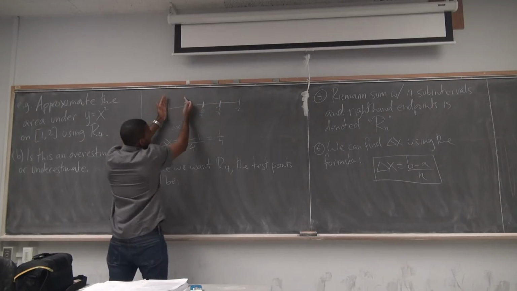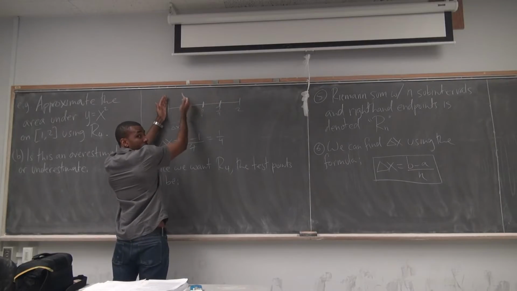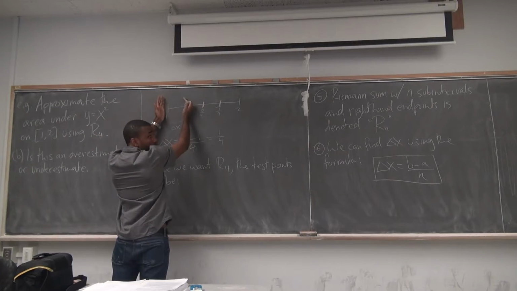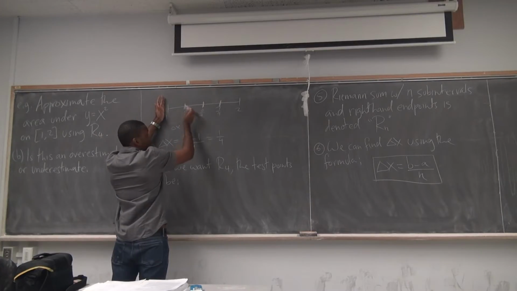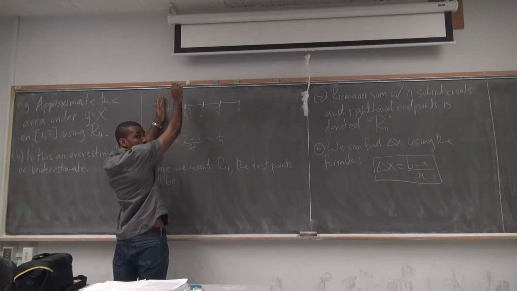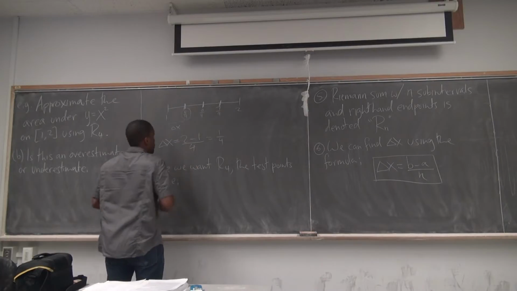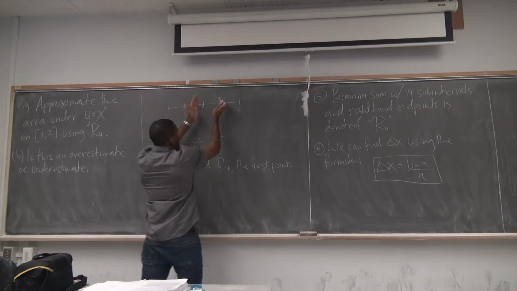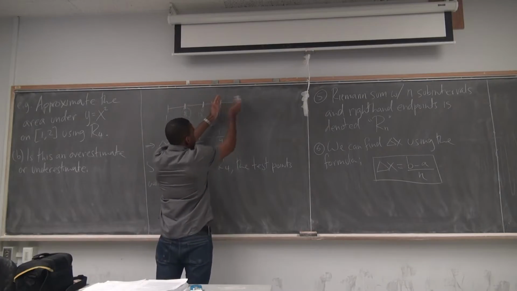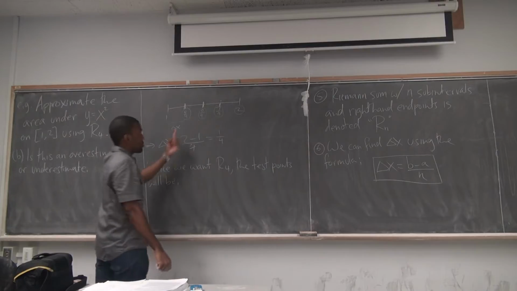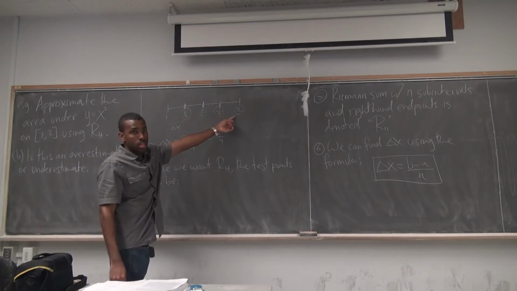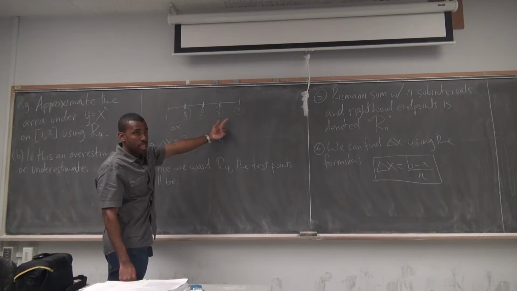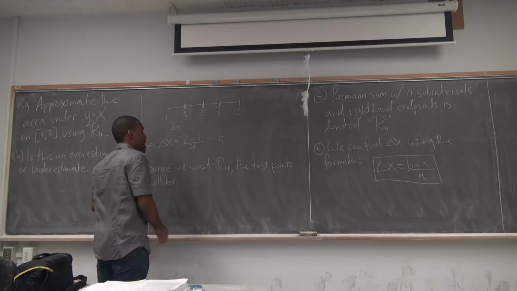Which means that when I'm looking at an interval, the only guy I really care about is the guy on the right. So if I look at the first interval, I don't care about the 1. I care about the 5 over 4, because that's the one I'm going to plug into the function. Similarly, if I look here, I would care about this guy. If I look here, I'll care about this guy. So notice I'm going to pick the right number on all the intervals. Now what I'm going to do with that number is use it to figure out the height. So how would I figure out the height, you think?